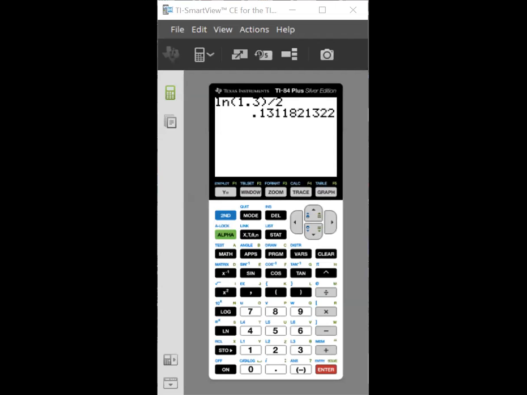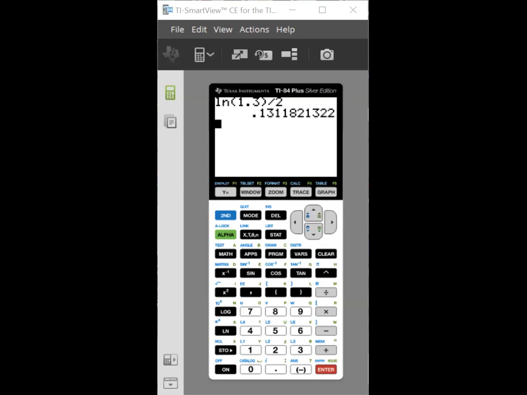The next part, we are going to find the time when the population will be 200 rabbits. It means when the population will be double the original number, which is 100. From the formula that we obtained in part A, y equals 100 multiplied by e to the power 0.13118 multiplied by t, we are going to solve for t where y equals 200.